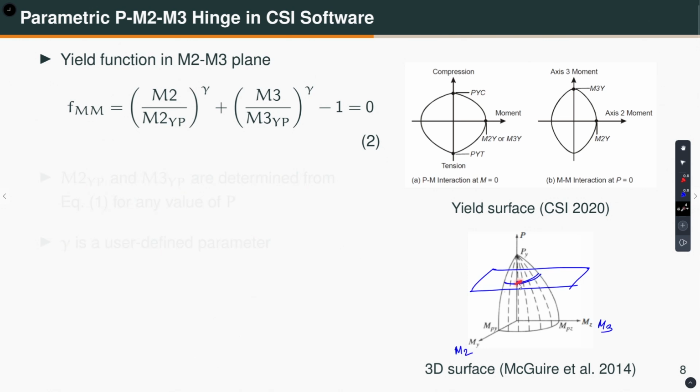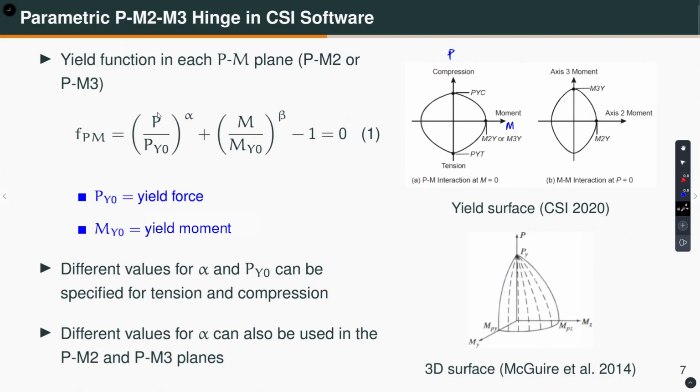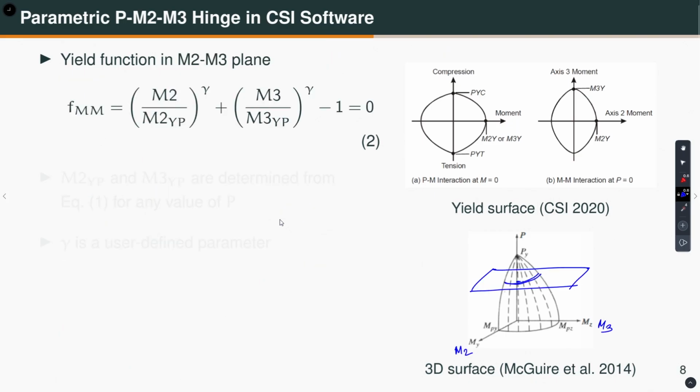So, at this value of axial force, I go back to the previous equation and substitute here, and then I solve for this M. If it is for 2 axis bending or y axis bending, then whatever value of M I get, I will call M2yp. Similarly, M3yp. So, these values will go in here and here.